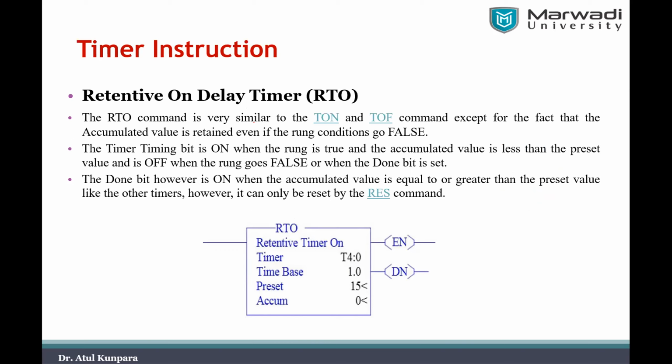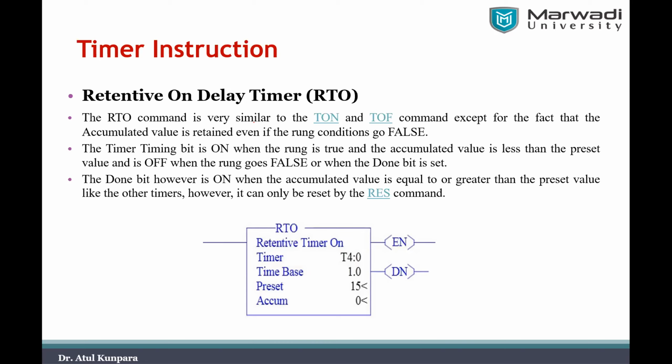Let's say I have enabled my timer after setting the preset time to 10 seconds, but I have given the enable input for only 5 seconds. So my accumulated value will reach 5 seconds, and then I remove the enable input. Your accumulated value, which had already counted 5 seconds, will be retained, even if the rung condition becomes false.